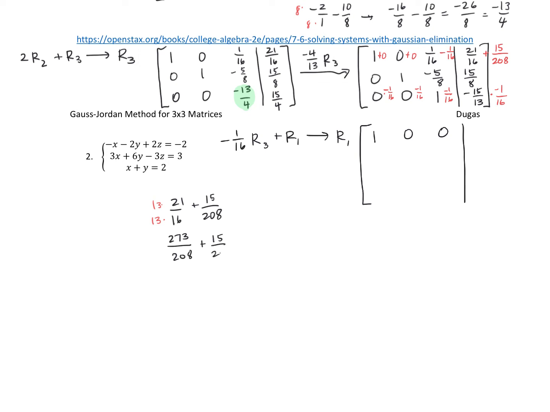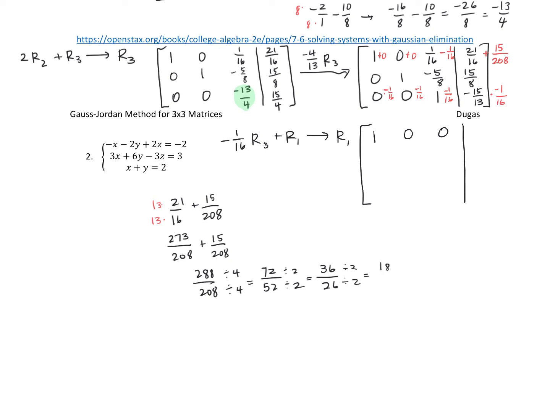Plus 15 over 208. So 273 plus 15 is equal to 288 over 208. And let's see how far I can reduce that. So if I reduce by 4, I will get 72 on the top. And then let's see, 208 divided by 4 is 52. I can still divide by at least 2, so I've got to do that. So that'll be 26 on the bottom and 36 on the top. I can divide by 2 again.